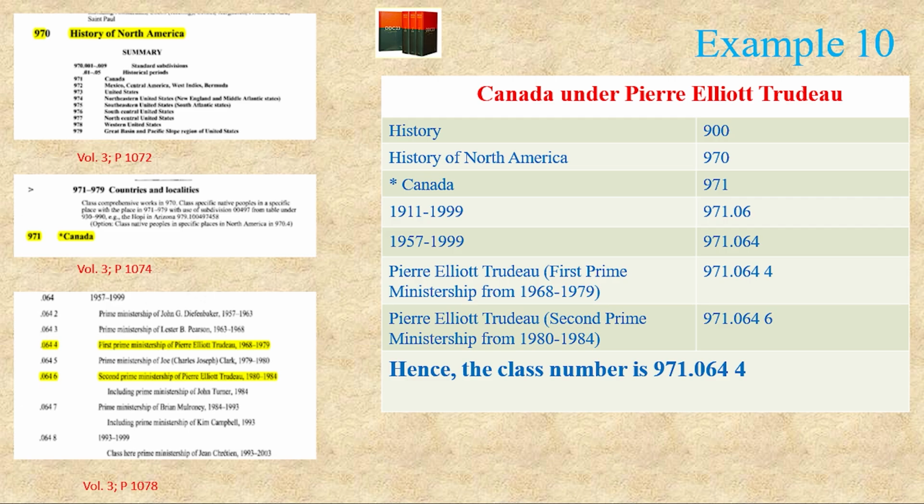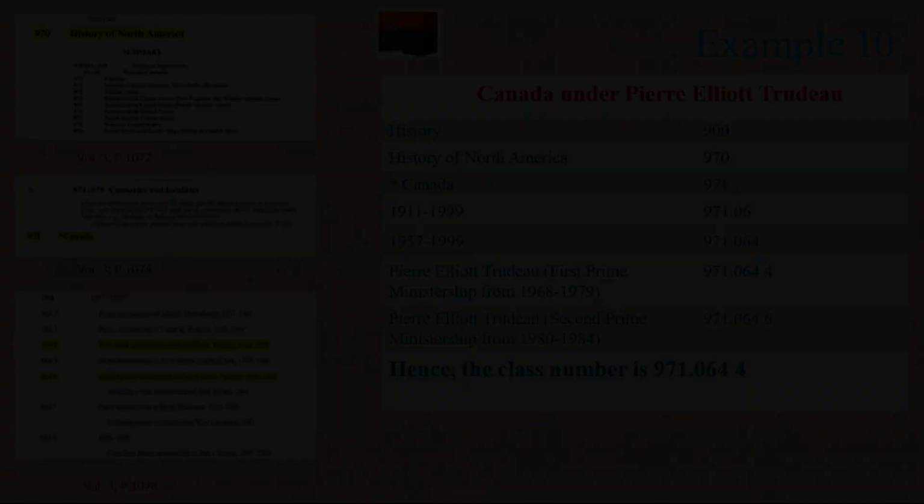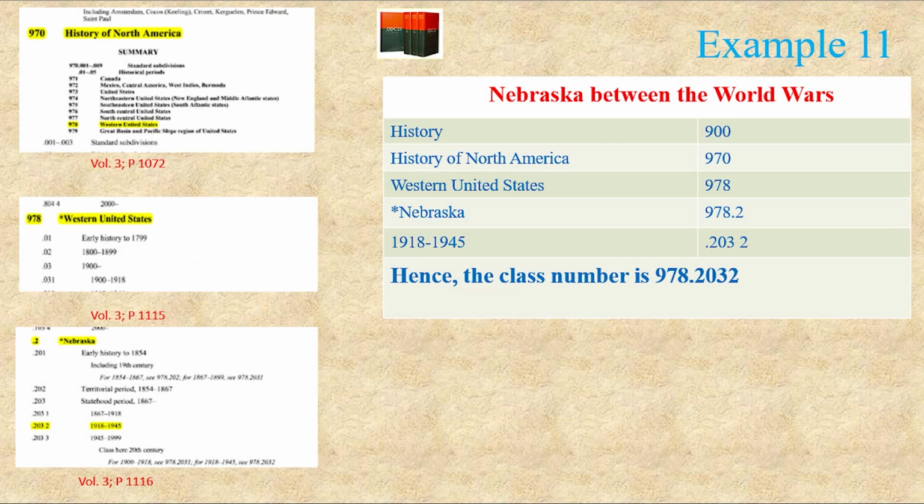Since the classification should represent the major time period covered, what will be the class number here? The first prime ministership, 1968 to 1979, is a significant period. Therefore, the most appropriate class number is 971.0644.